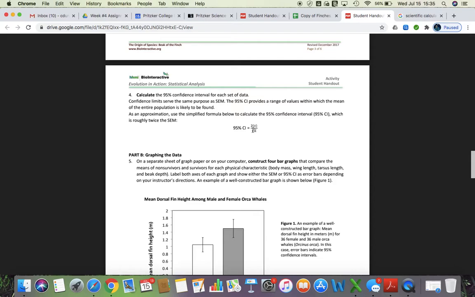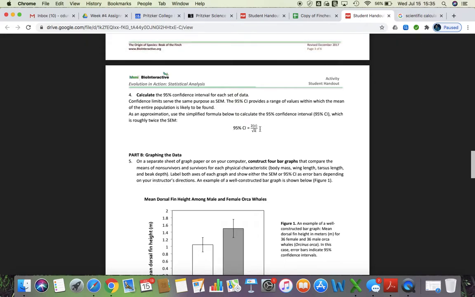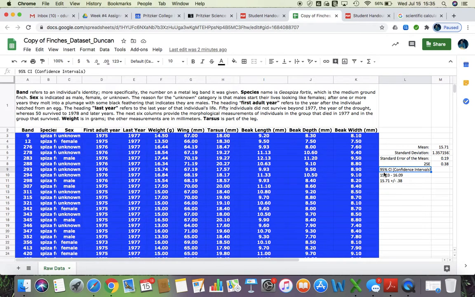Feel free to use this as well if you want to. It's an approximation, but this one will give you something that's similar, and they talk about the range of values here. So where this says range of values, this is my range of values. So anything from this to this would be my 95% confidence interval.